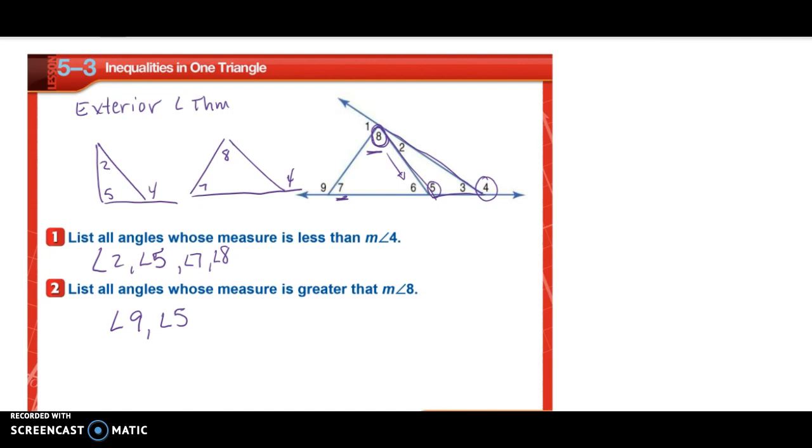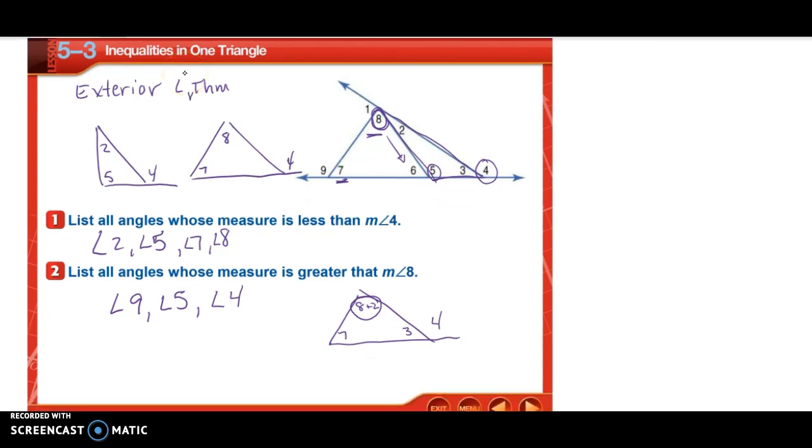And then also, if we look at the big triangle here, you've got this 4 on the outside, and this angle at the top, if I just do the triangle with angle 7 here, angle 3 here, and then this angle at the top is angle 8 plus angle 2. Angle 8 plus angle 2 still has to be smaller than the measure of angle 4 by the exterior angle theorem of inequality. So angle 4 is also greater than the measure of angle 8.